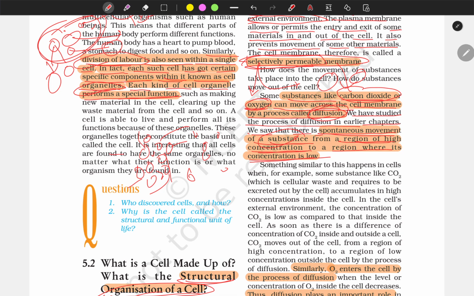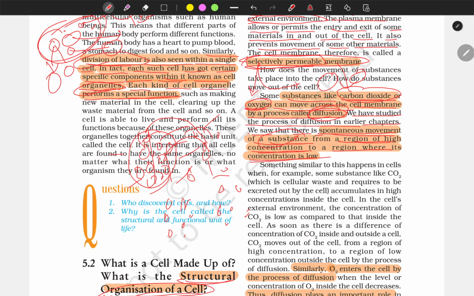Since there are only a few molecules here, only a few can go this way, and as there are many molecules here, almost half of them may travel there. So ultimately they will become equal on both sides.